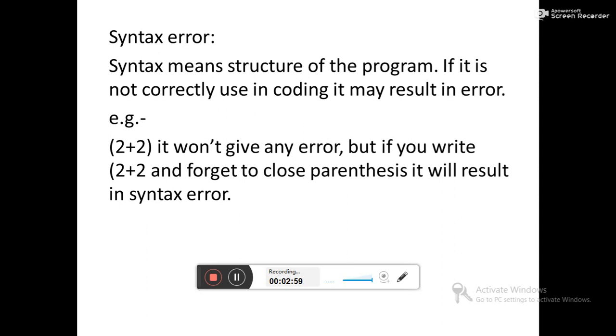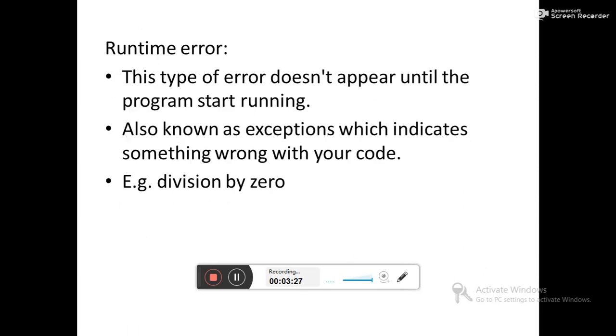See here, first we use the left parenthesis, then we use 2 plus 2, and then we forget to use the right parenthesis. Then this statement is what? Not mathematically correct, so it will result in a syntax error that is displayed by your compiler. Are you getting this error? Syntax error.